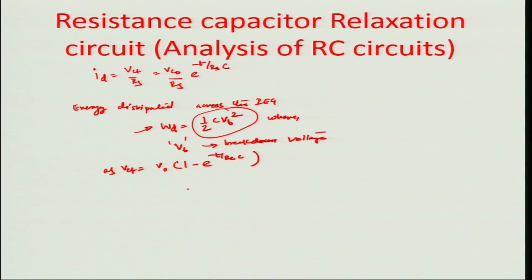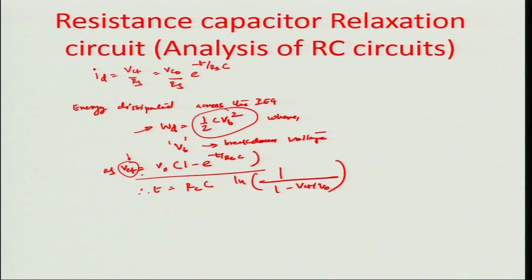So we can find the spark frequency or the total charging time from this expression. The total time needed for VCT to reach its value from 0, as the output power is V0, is given by, algebraically changing this equation, RC times C ln 1 divided by 1 minus VCT by V0.